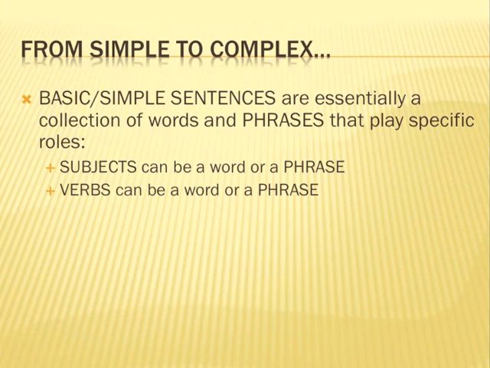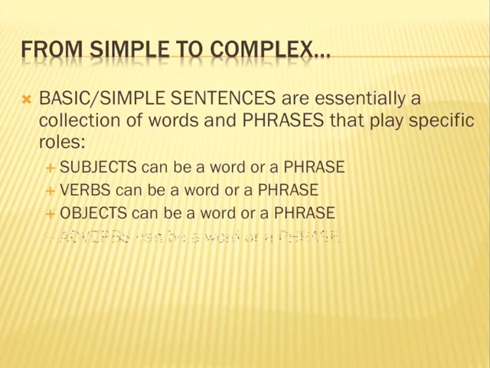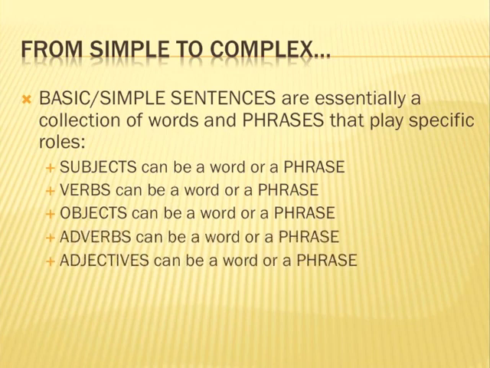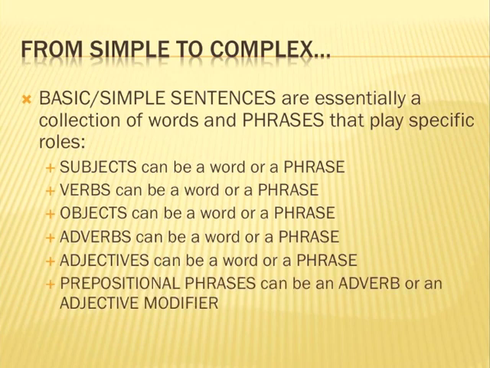Verbs could be a word or a phrase. Objects could be a word or a phrase. Adverbs could be a word or a phrase. Adjectives could be a word or a phrase. And then, of course, we've discussed that prepositional phrases themselves can act as an adverb or adjective modifying idea.